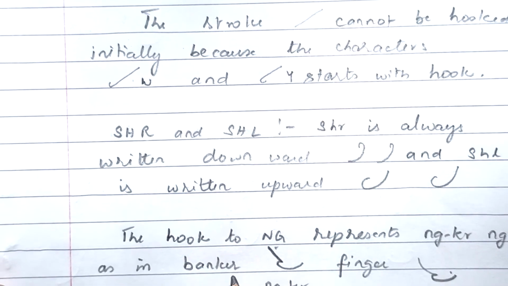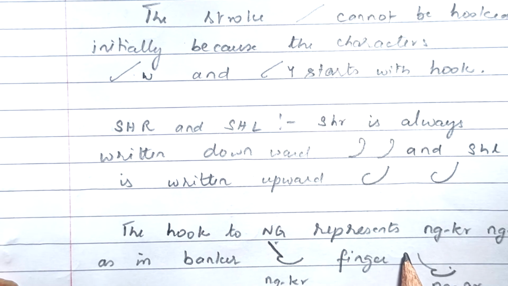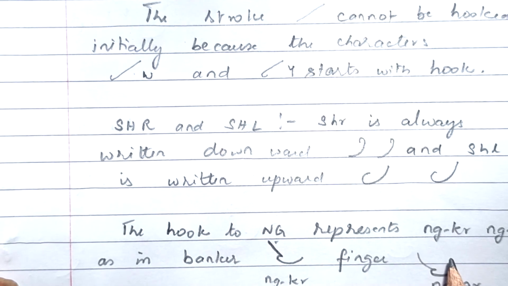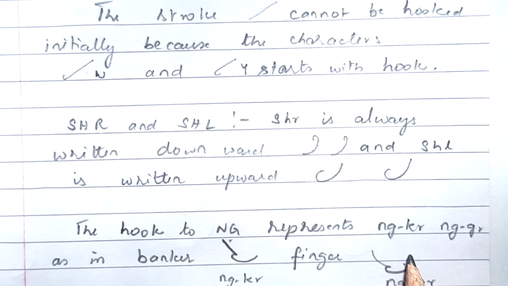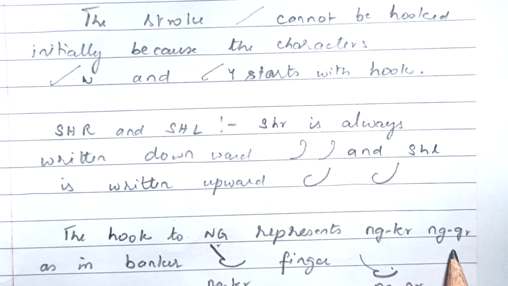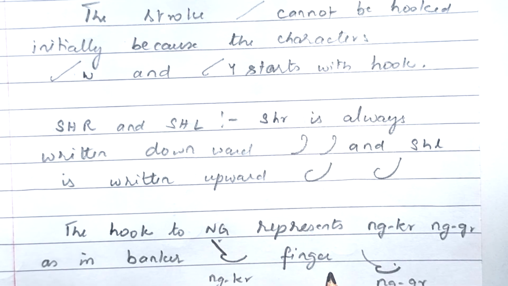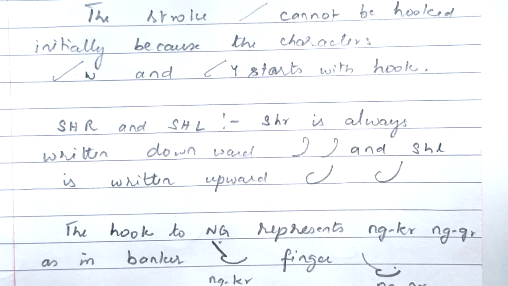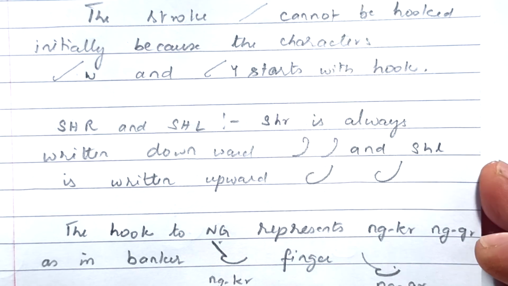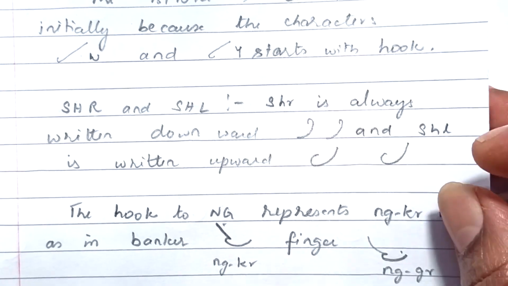Next, the hook to ing represents both the sound of ing kar and ing gar, as in banker, where we have a sound of ing and kar. So banker, finger, both the sound of G and G. So ing and gar. In this way, we can represent the hook for the stroke consonant ing.